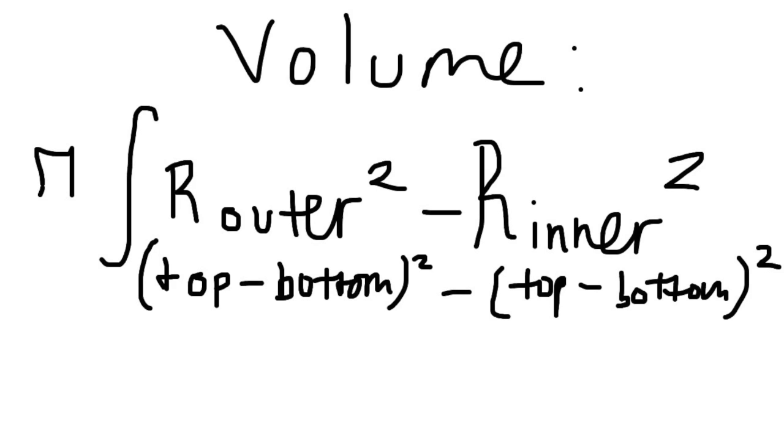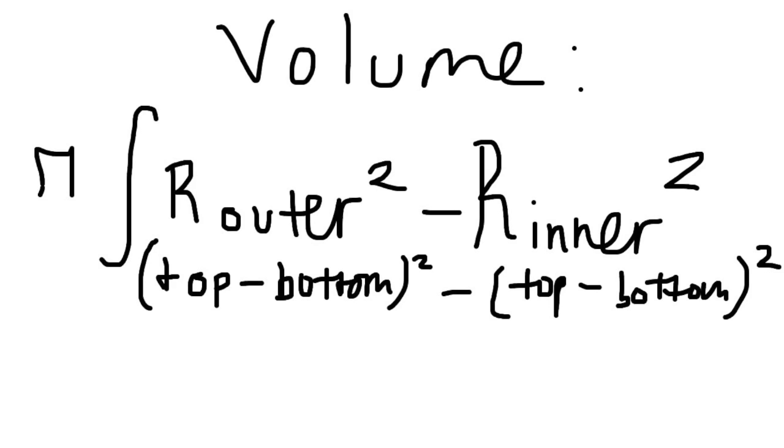And because it asks you to find it when it's rotated about the x-axis, and by the way, that's the reason that you have the pi there, is because it's rotated, you have to include the x-axis in these formulas.